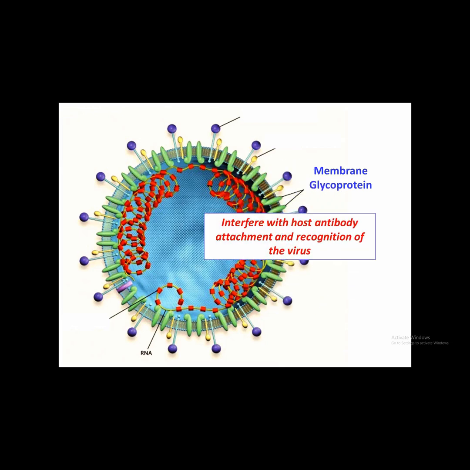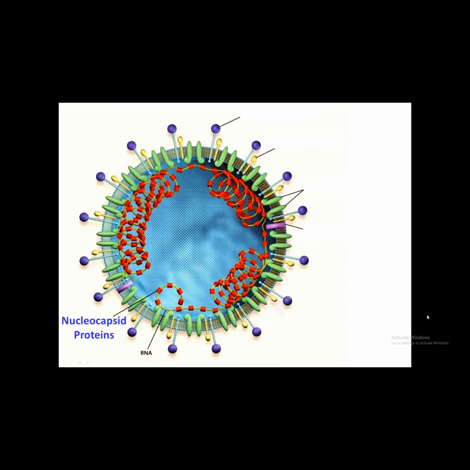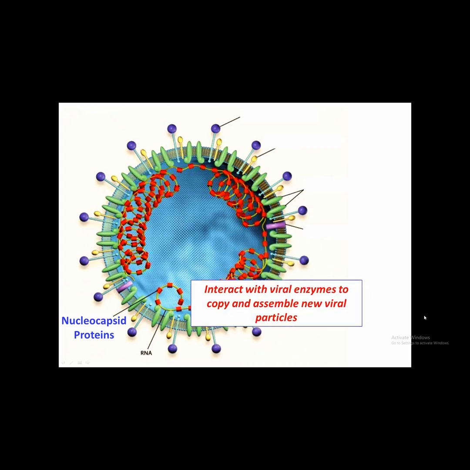There are membrane glycoproteins that interfere with antibodies that the host organism might produce to attempt to attack the virus. The nucleocapsid proteins surround and protect the virus RNA and are essential to duplicating the RNA within the host cell.